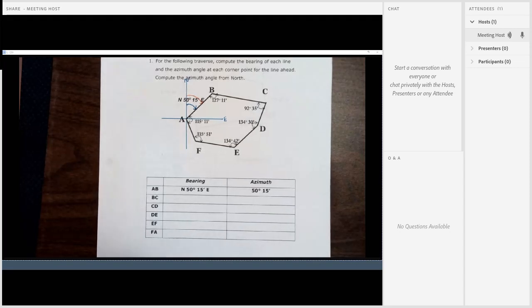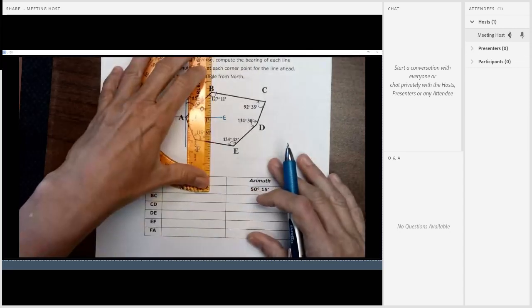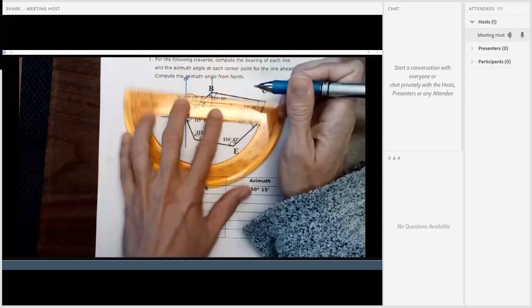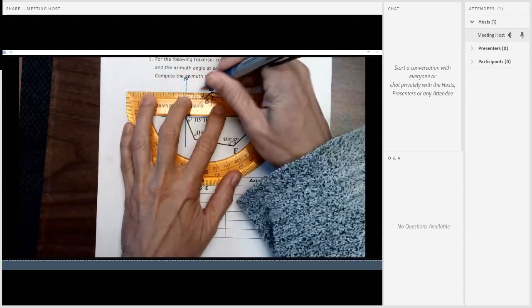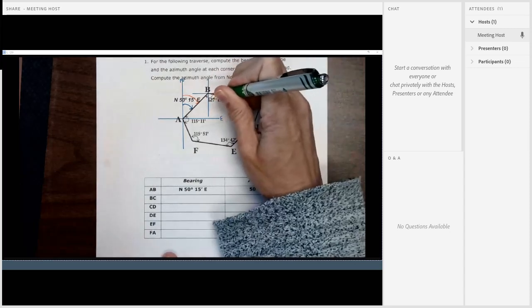Again, I like to draw the coordinates on here just so I know and kind of identify what I'm looking for. So I can see how this all pieces together as I find that info. As I look here, I can see right off that my bearing is going to come from the south and go towards the east.